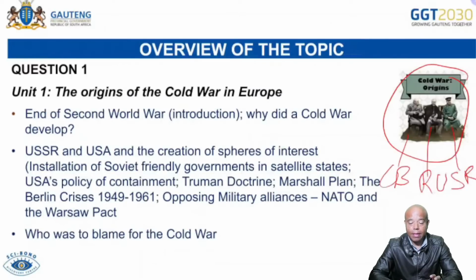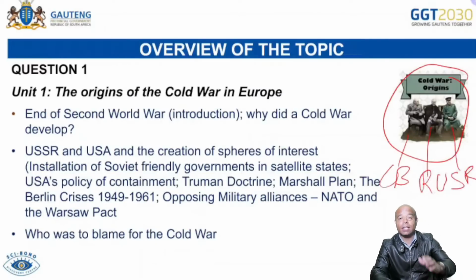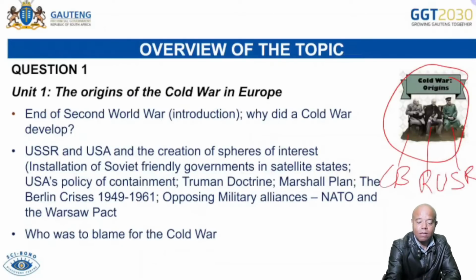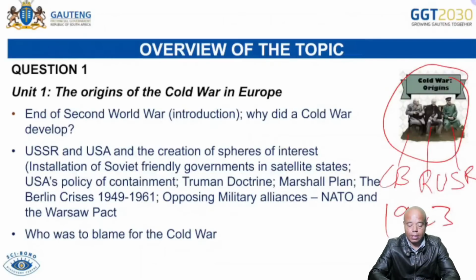They agreed that Stalin would go to the countries in front of the USSR, the Soviet Union, and he would repair them and he would not turn them into communist countries. So that was the first conference in 1943. Very important that you understand, in 1943.